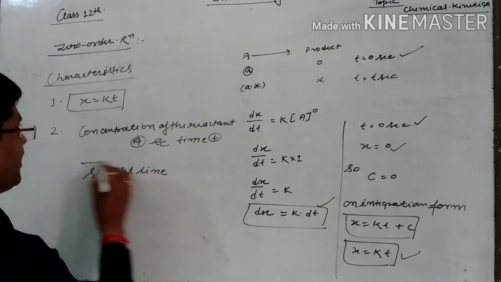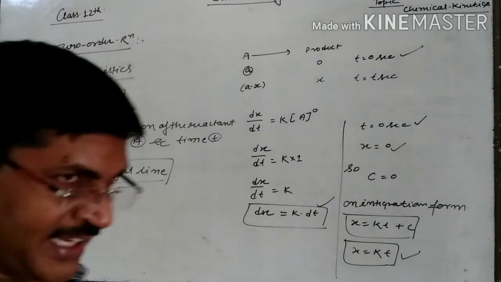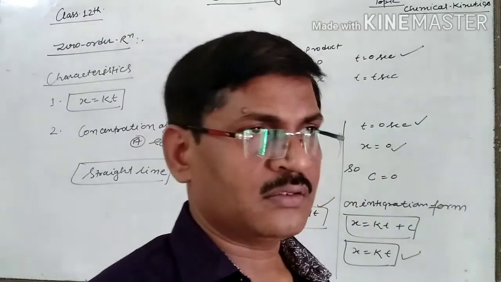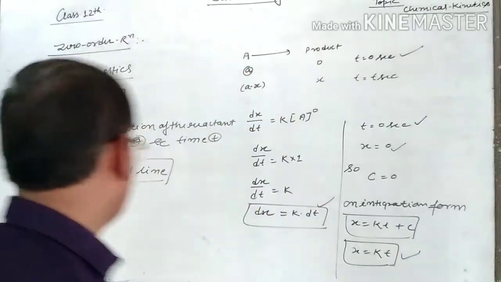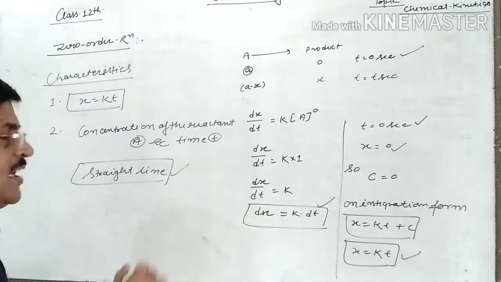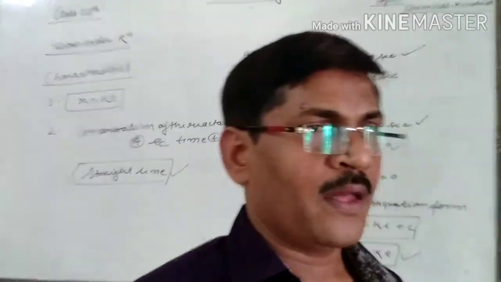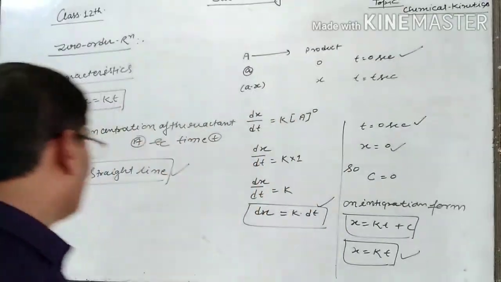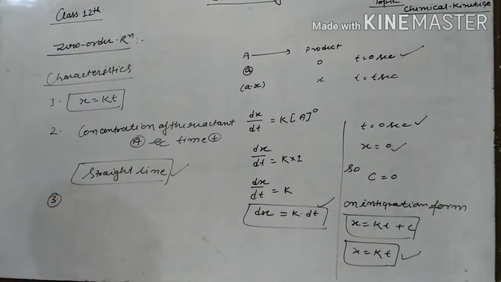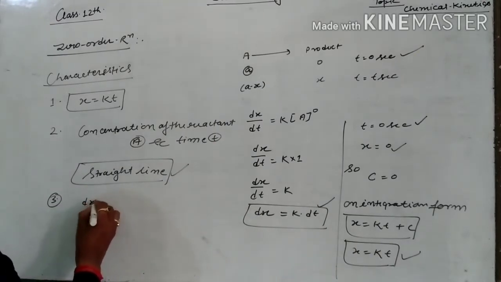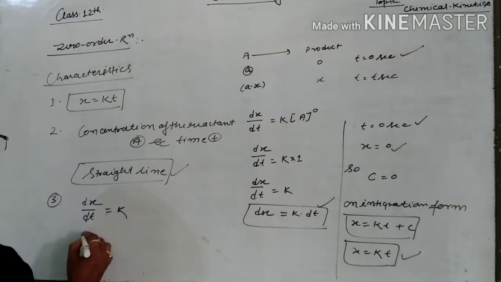Because with the passage of time, there is no effect on the concentration of the substance A, the line obtained is a straight line. So all zero order reactions in graphical form will give a straight line.